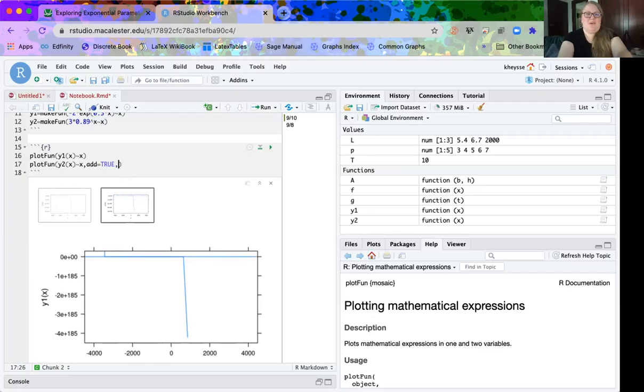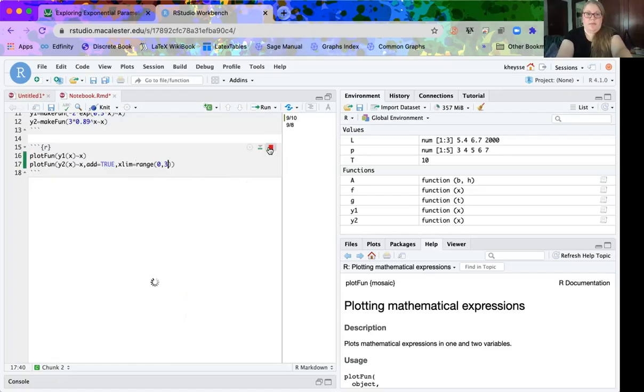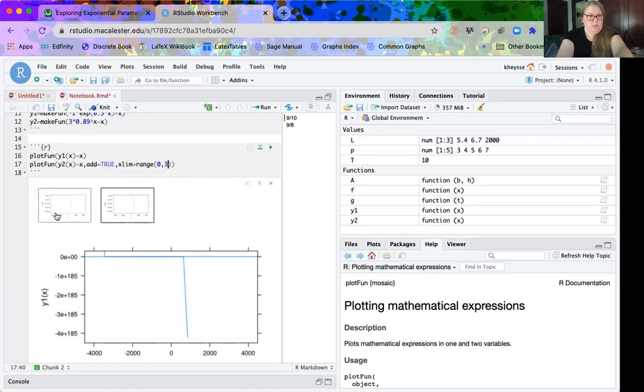So maybe I want to do a certain type of range, right? So we decided that xlim is how we're going to change our range. And maybe I only want to go from 0 to 3. Go ahead and run it. Oh, my bad.